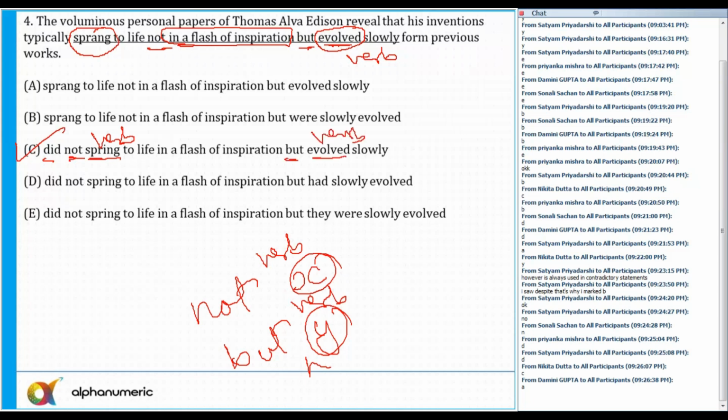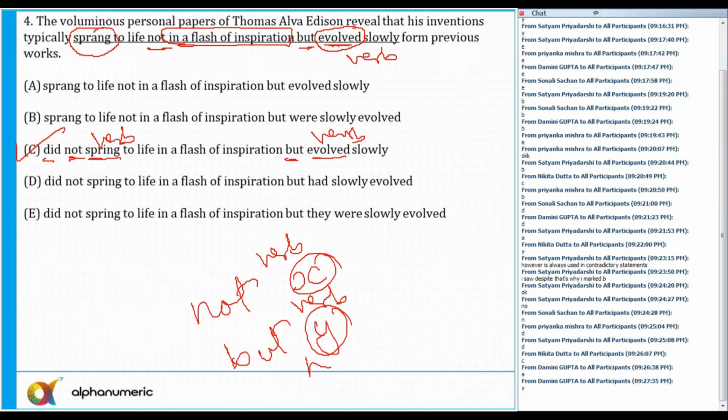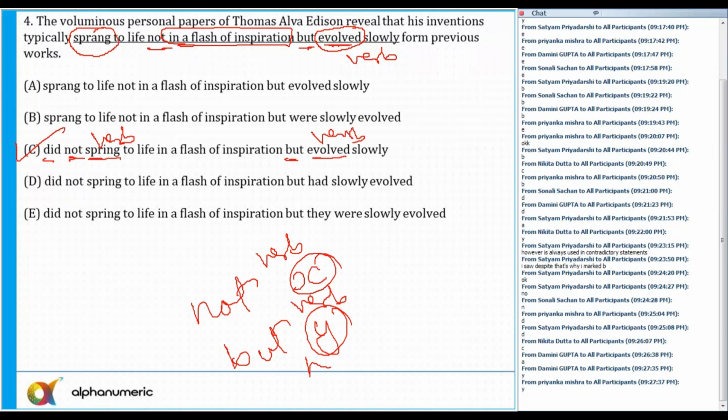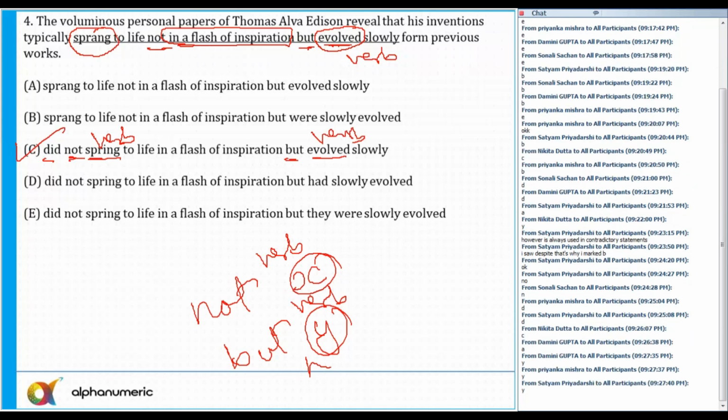Not verb, but verb. Parallel. Did you understand why C is the answer? Whatever comes after not and not X but Y, X and Y both have to be parallel. That is why the answer for this question is C.